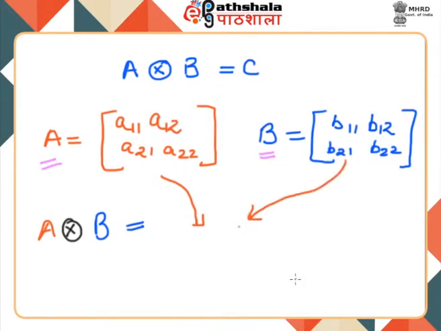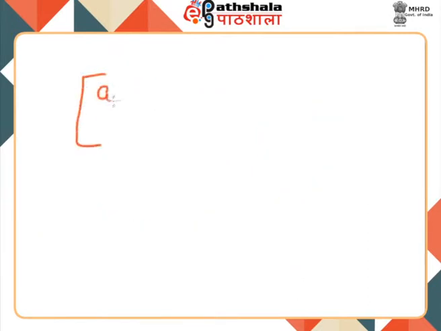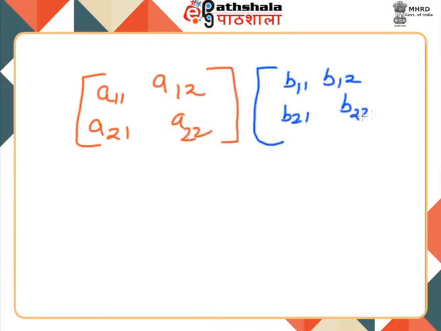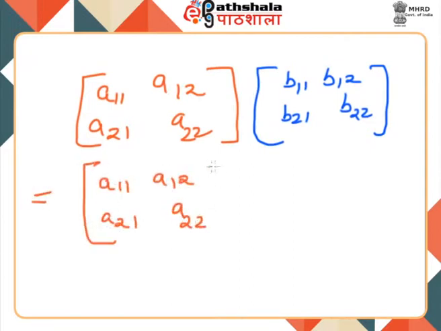Let us try to understand how this will be done. We have these two matrices being multiplied directly.